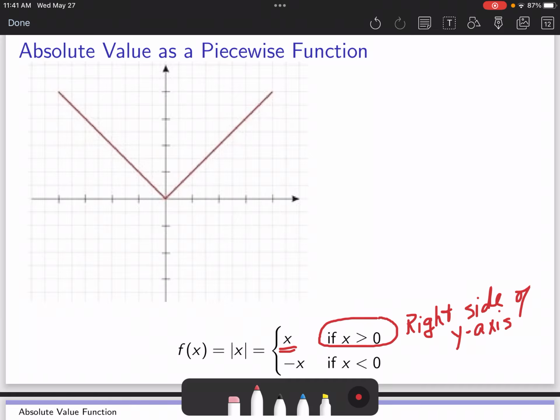But on the left side of x equals 0, so when x is less than 0, so that's the left side of the y-axis, the graph looks like the line y equals negative x, a line with slope negative 1. And so that is another way of writing our absolute value function, as a piecewise function.